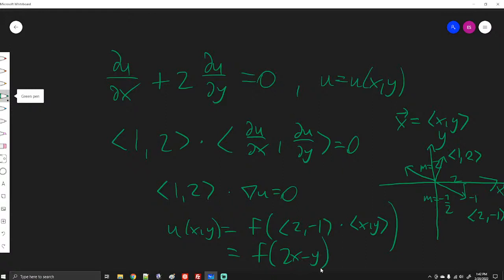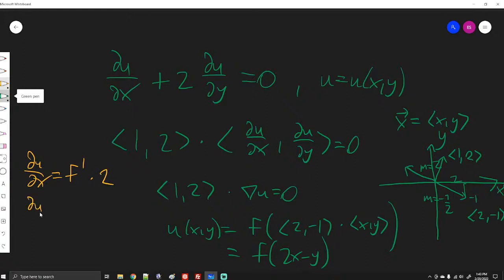So this is the general solution to this PDE here, and I can check it by taking derivatives. So partial of u partial of x is going to be f prime and then times the derivative of what's inside with respect to x. So y is treated as a constant, and I just get 2.